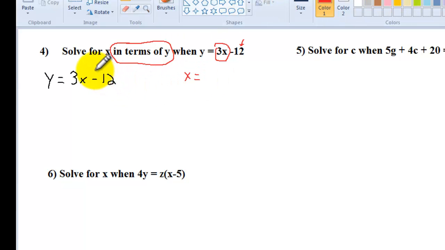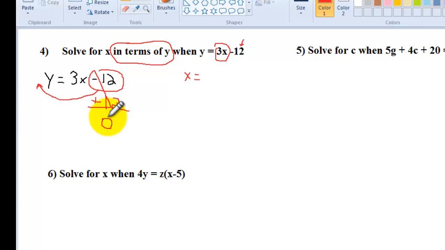So what we have here is a minus 12, and in order to move this over here, we have to do the opposite function. So we're subtracting 12, so then we have to add 12 to render it no longer on this side, because minus 12 plus 12 is 0.